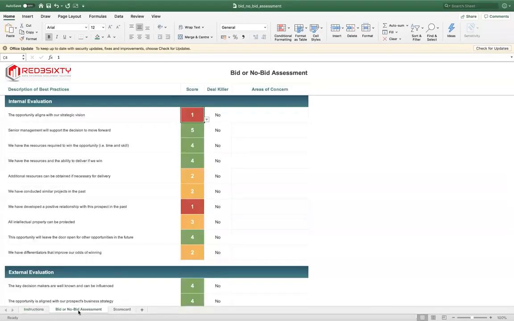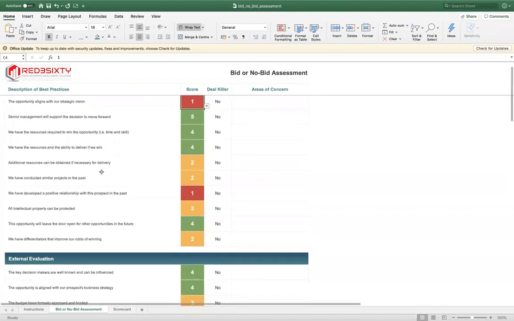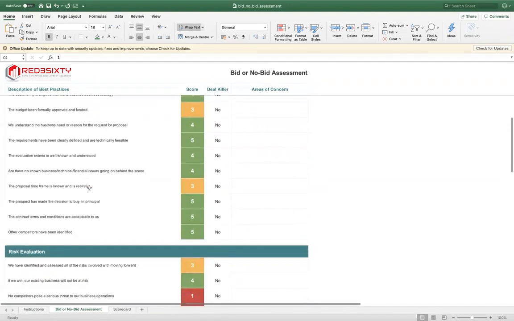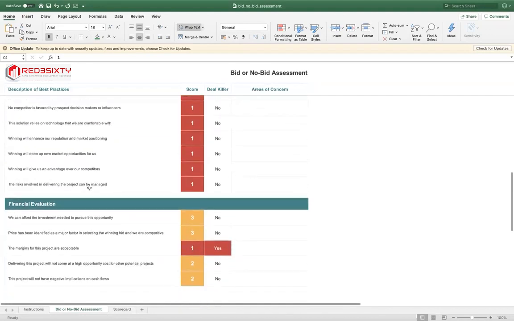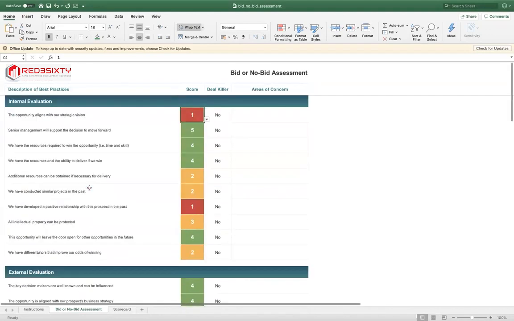The bid no bid assessment will be looking at an internal evaluation, external evaluation, and the risk evaluation and financial evaluation for each one. So if we look at the bid no bid assessment, the opportunity aligns with the strategic vision. Again, from 1 through to 5, we'll be selecting how closely this specific bid aligns.